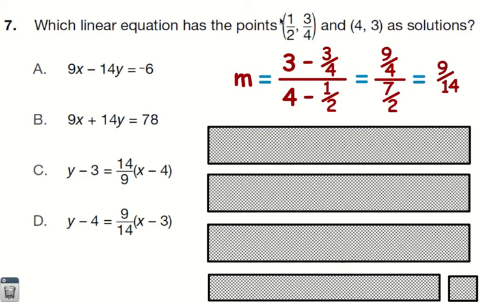If they give you stuff to work with and they want an equation, you might have been taught to plug into slope-intercept form. Like you might have been taught to plug in the slope for the m and take a point and plug in for the x-coordinate in there and the y-coordinate in there and figure out b and yada, yada, yada.